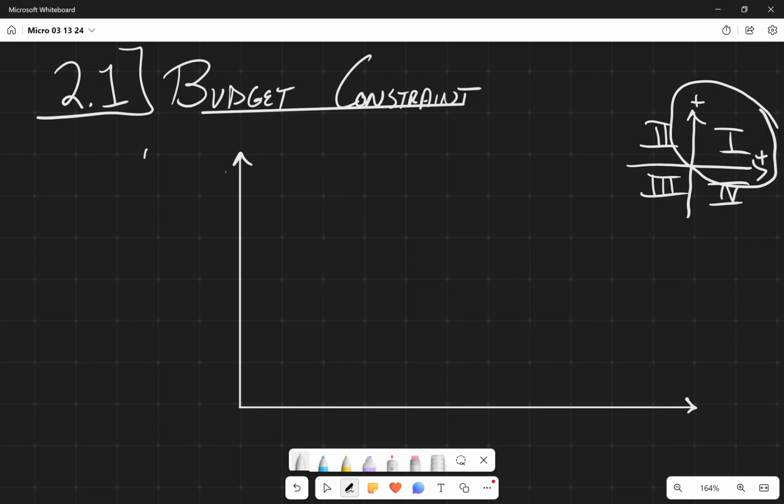So this is going to be the number of burgers, and this will be the number of bus tickets. And we're told that this is Alfonso's budget constraint.